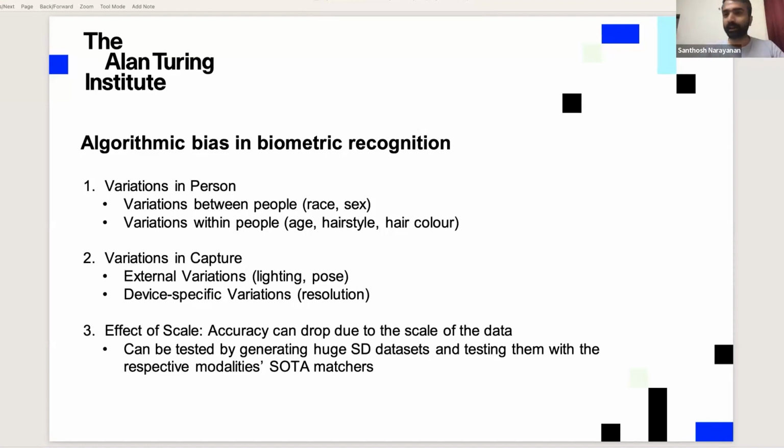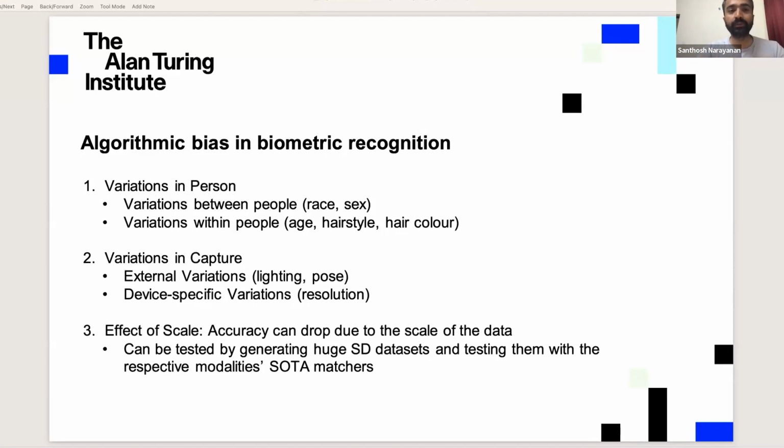So as there are more and more, let's say, individuals in the order of millions or even billions in your data, then it is natural to expect that your chance of being misidentified with somebody else is even higher, right? So we need to be able to test our methods in a complete way against all of these different sources of bias.